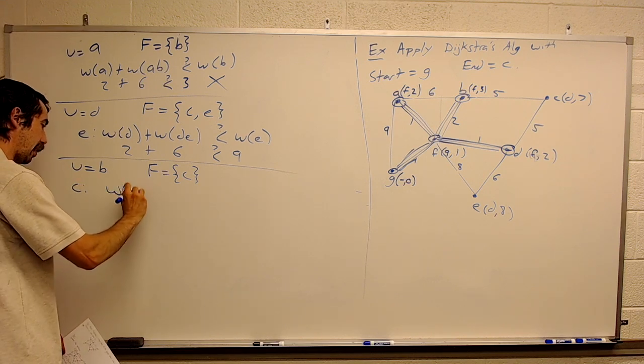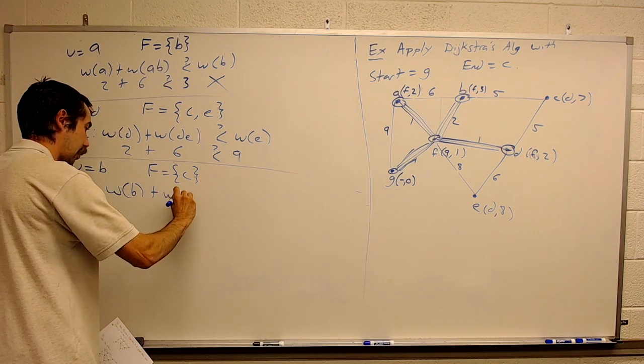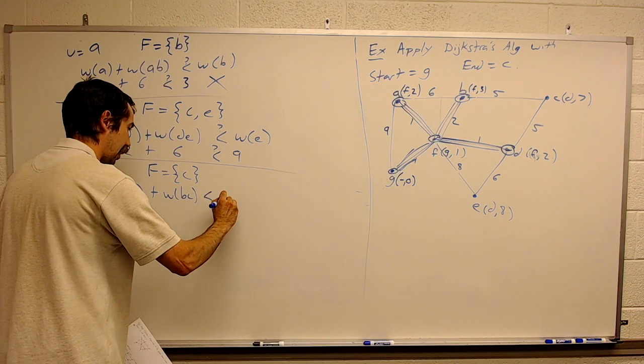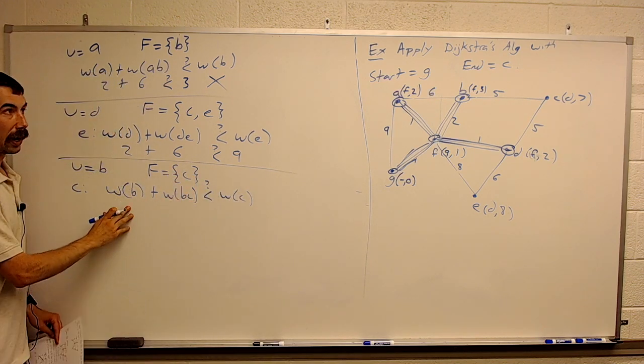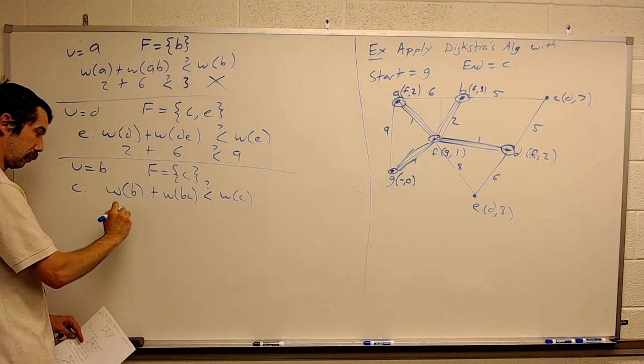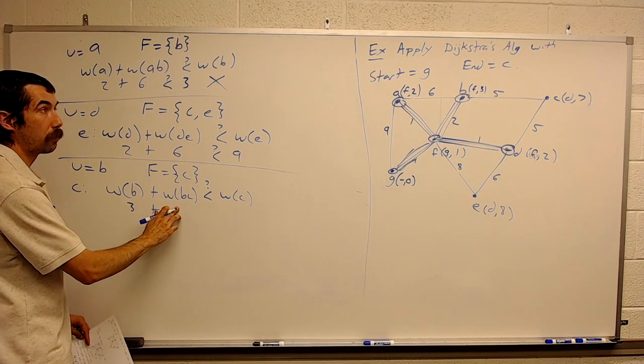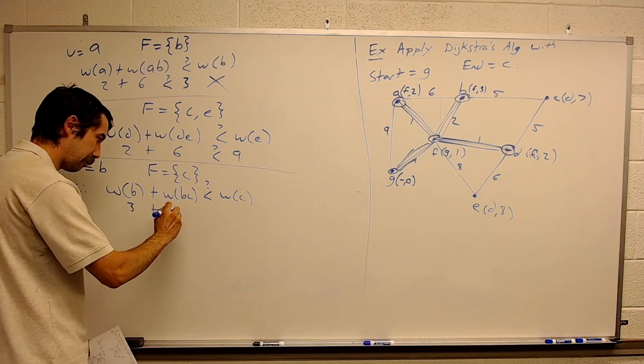Is the weight of B plus the weight of BC less than the weight of C? Weight of B is 3. Weight of BC is 5.